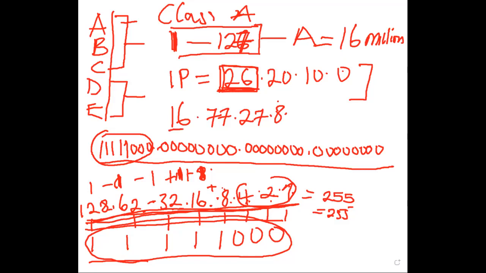What class of IP address would this be? This is also a class A IP address. Very good. Do not forget, the class A IP address can host more than 16 million hosts on its subnet.